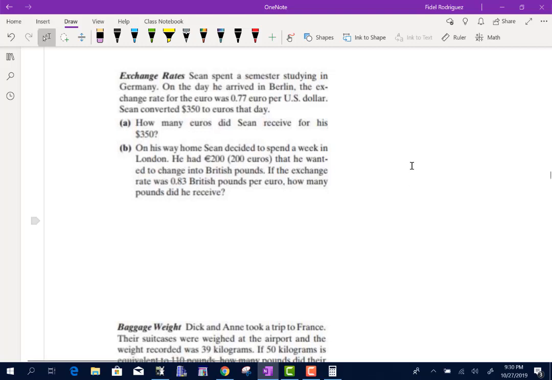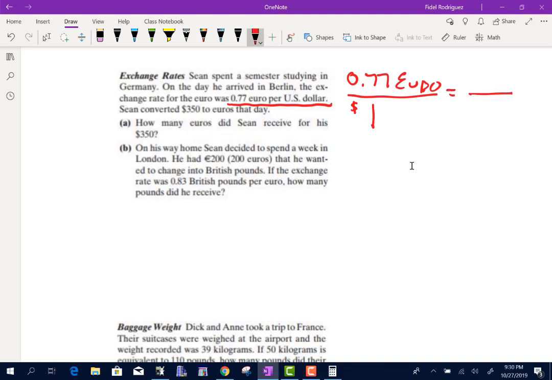Okay, so the first thing I'm going to do here is I want to notice this part that they're telling me. So they're saying that we're going to get 0.77 euro per US dollar. That means for 1 US dollar. So for $1, okay?